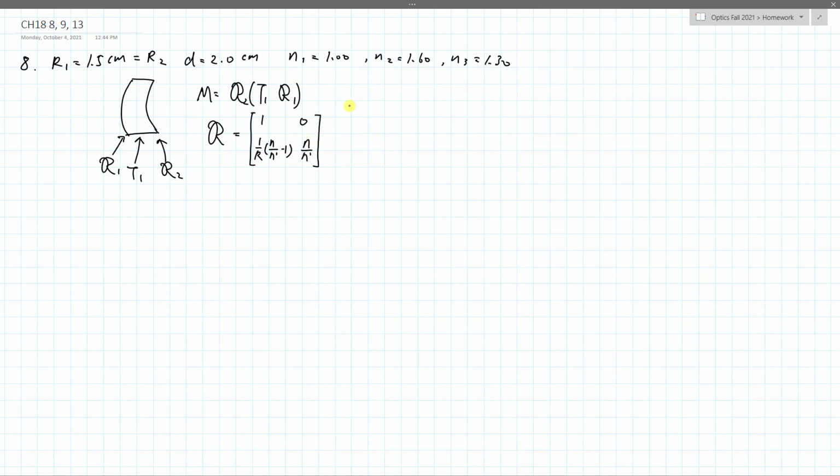So that makes R1 equal to, here's 1, so the left side, right side, that's N1, here's N2, here's N3, so different media on this side. This might be, I don't know, maybe water, this side air. So 0 and 1 over 1.5, that's a radius. So left side over right side, minus 1. Then left side over right side.